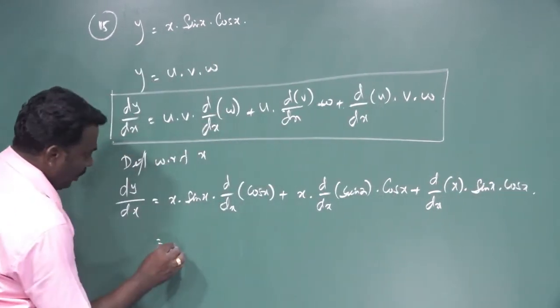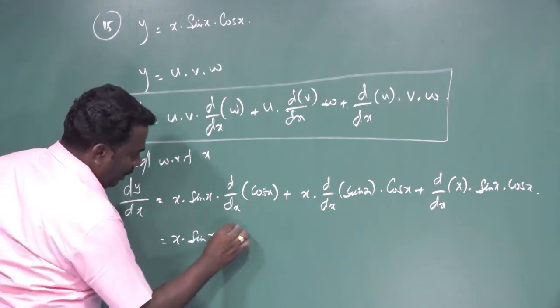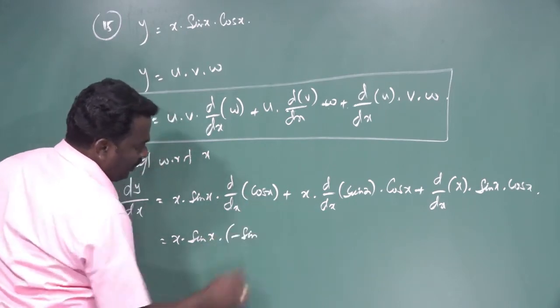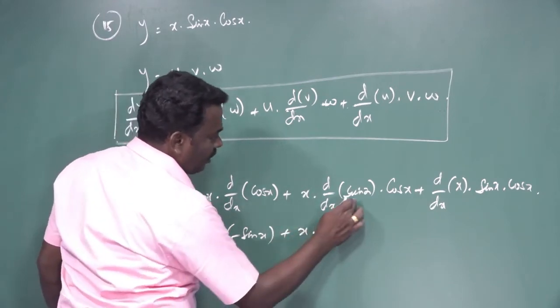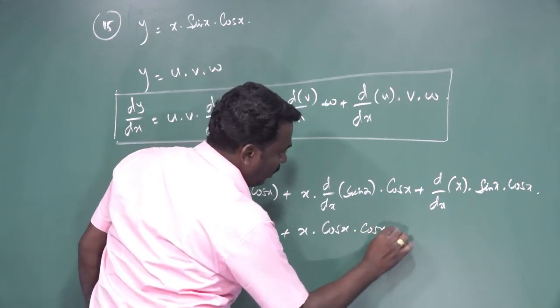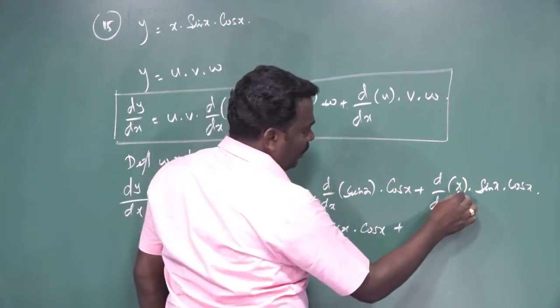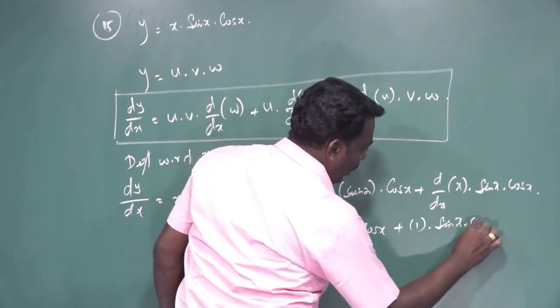Now differentiate. This equals x into sin x, differentiation of cos becomes minus sin x, plus x into differentiation of sin, which becomes cos x, into one more cos x, plus differentiation of x with respect to x, which is 1, into sin x into cos x.